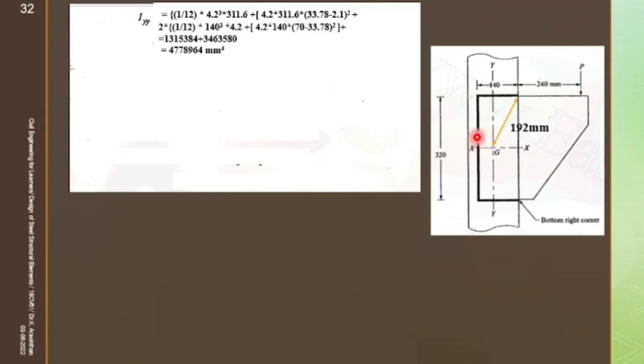Totally 4.2. Your centroid will be at 4.2 half, which is 2.1. 4.2 minus 2.1, minus 33.78. What is that? 33.78 is this distance, the distance from the individual centroid to the common centroid. So this is your value. Plus 2 times, why? You have 2 flanges, where your breadth is 140, depth is 4.2.